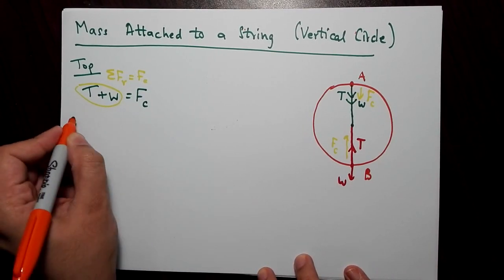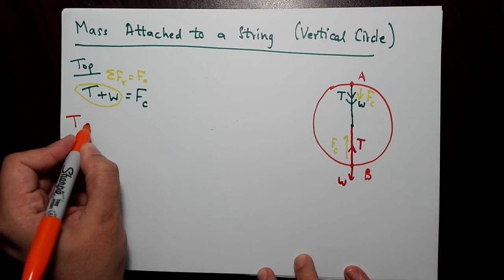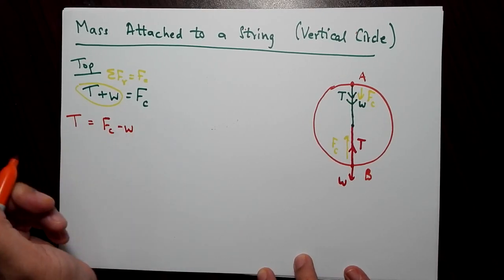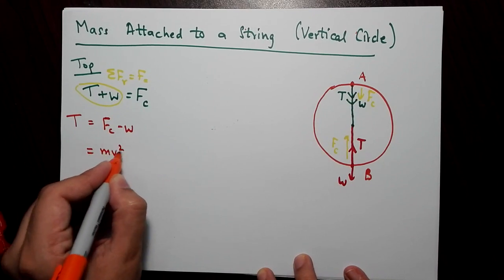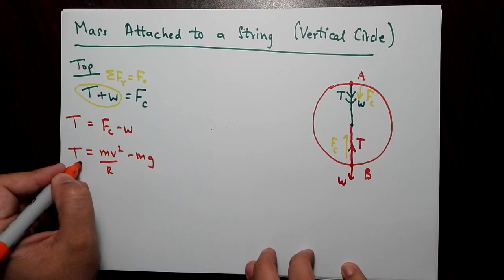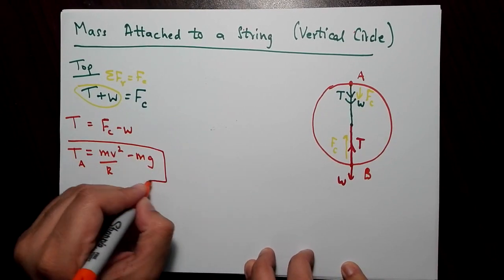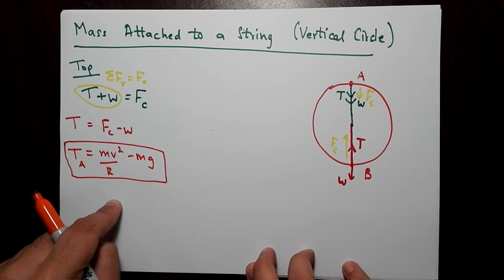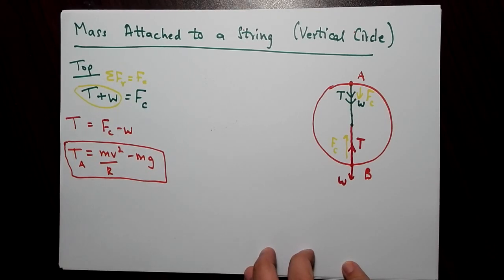Plug in weight equals mg, so you get T equals mv squared over r minus mg. That's the tension at the top, let's call it Ta.